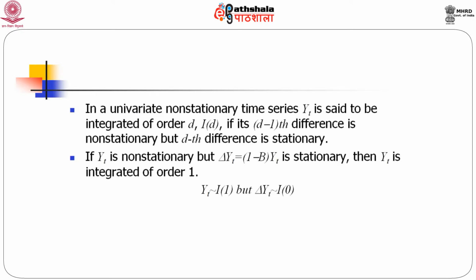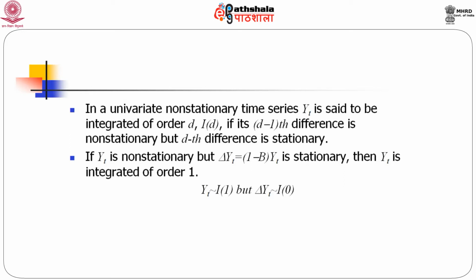Now, as I have already discussed, in univariate non-stationarity, the time series yt is said to be integrated of order d if its d minus 1th difference is non-stationary but its dth difference is stationary.